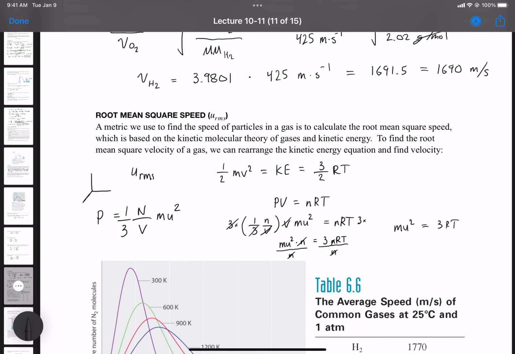And now if we divide both sides by 2, this equation is our kinetic energy equals 3 halves times RT.